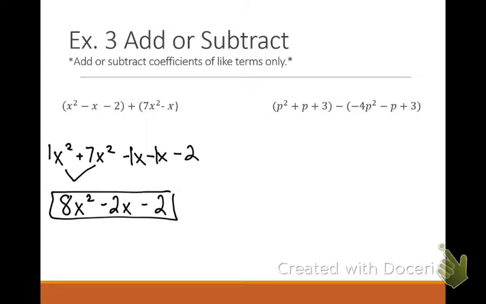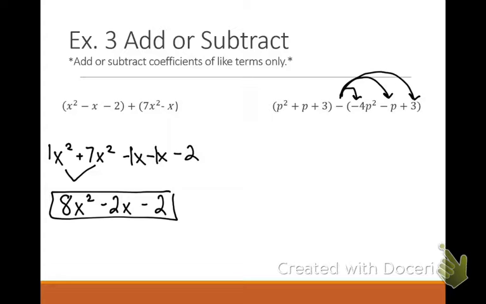Okay, now on my next one, do you see the subtraction sign between the terms? Okay, so I have a rule here. Essentially, this subtraction sign is going to get distributed among all the terms. So here's what it looks like.